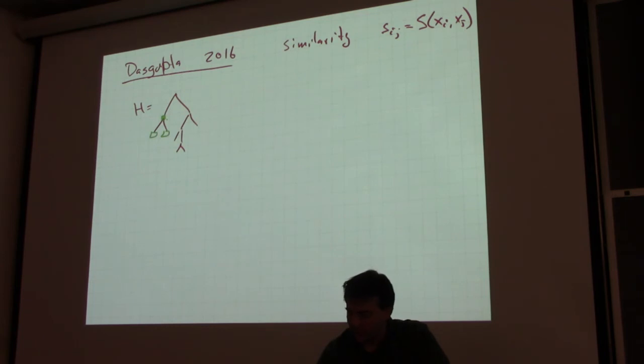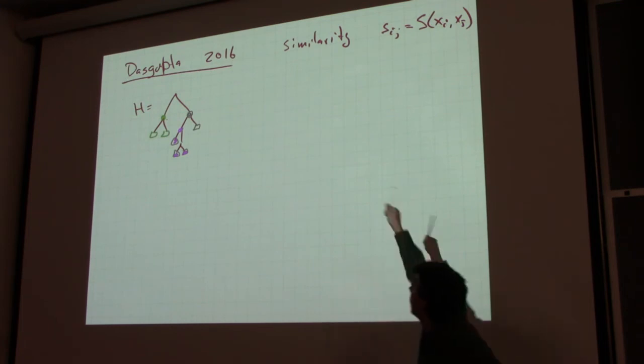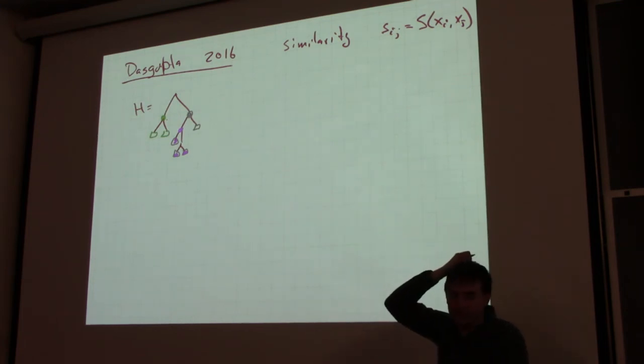If I have a different cluster here, I get all of these leaf nodes. They aren't all at the same level, and these might overlap. If I look at this one here, it's this subcluster. So I want to say how good this is, and I have this similarity score between all pairs of the points.